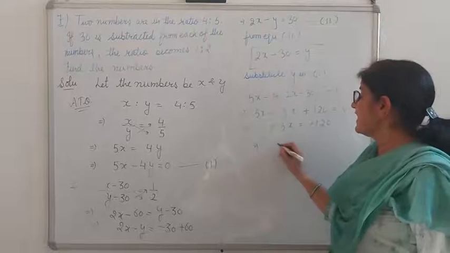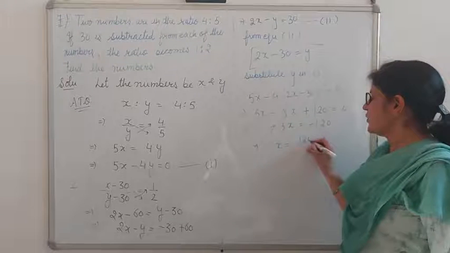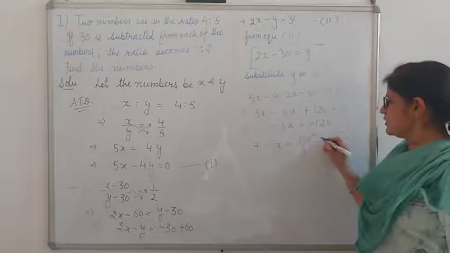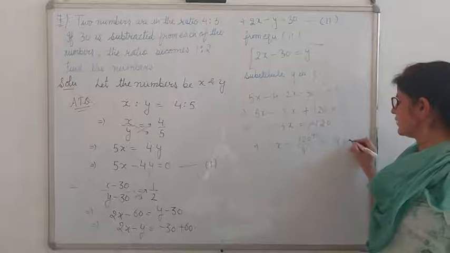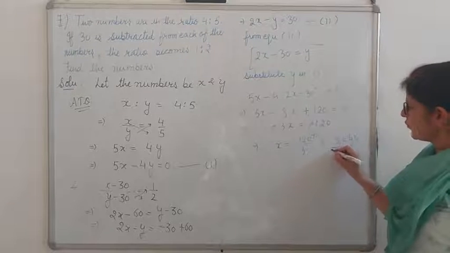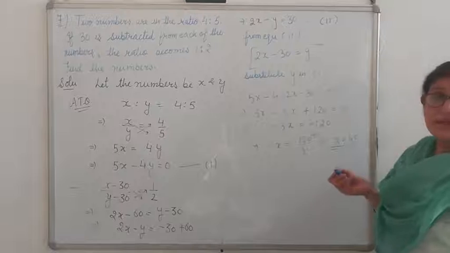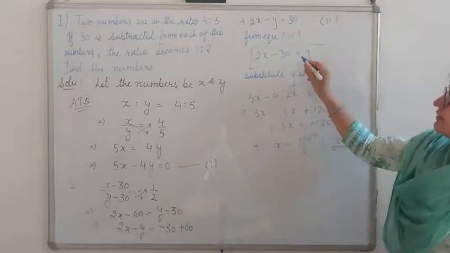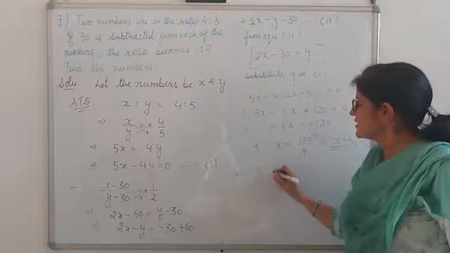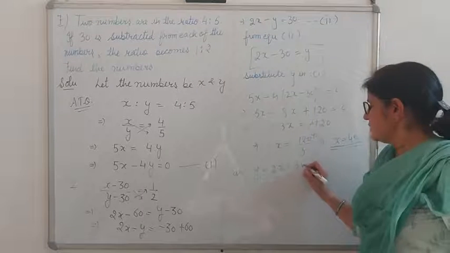So what will be x then? 120 over 3, 3 fours are 12 and 0. So x is 40. Like this we are able to find the value of the first number. To find the value of the second number, y is 2x minus 30.